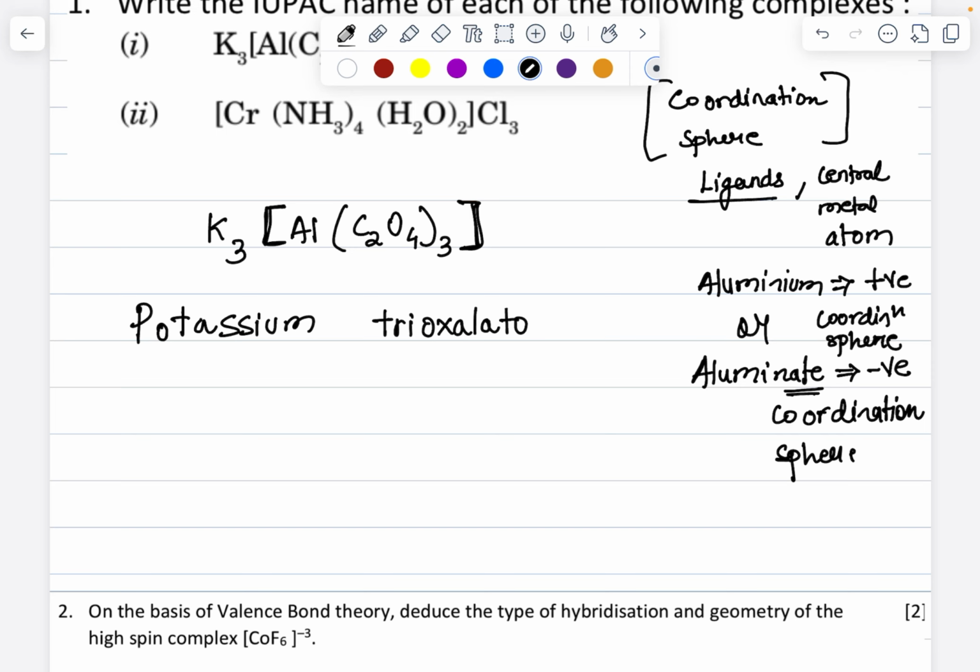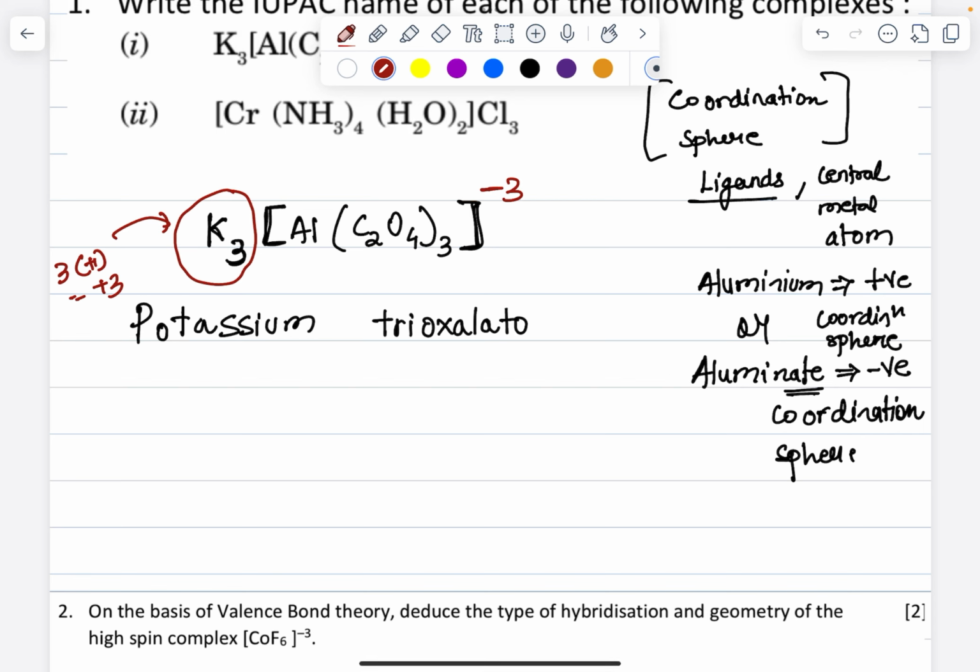So how do we understand that this is negative? There are 3 potassium, and 1 potassium has +1, so 3 into +1 is equal to +3. If this is +3, then the coordination sphere should be -3.